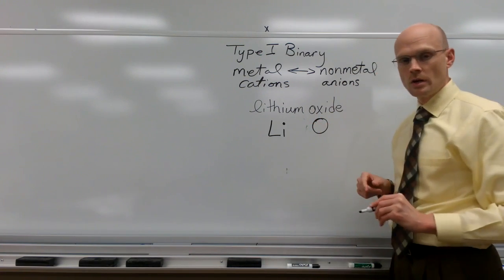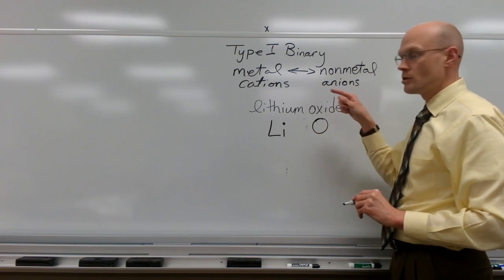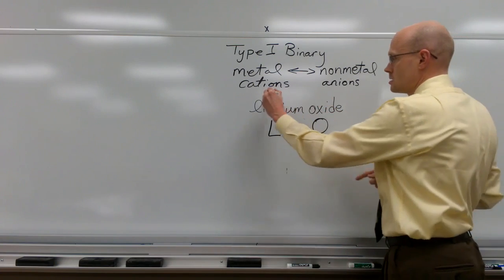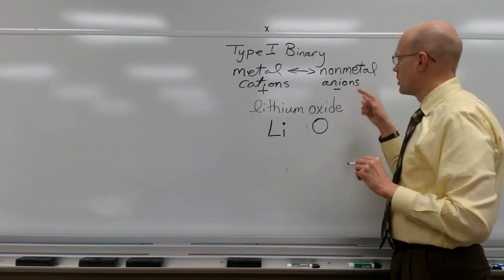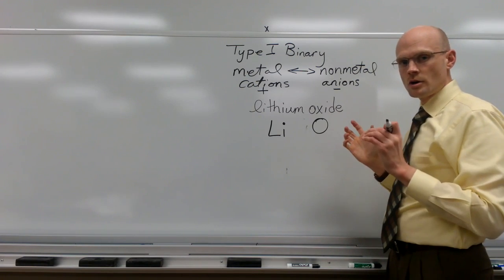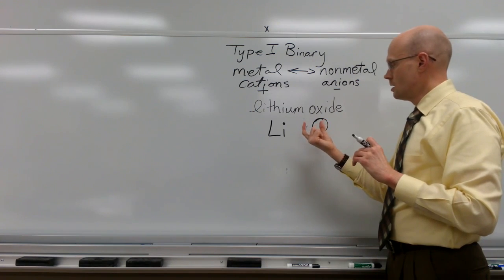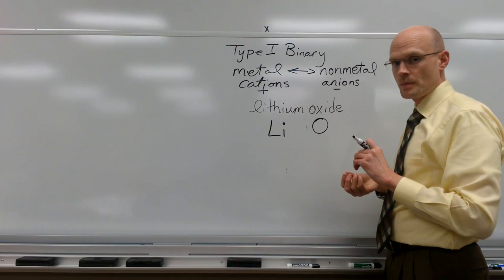So there are two elements involved, Li and O, but now these are ions that are coming together. And when ions, the positive cation and the negative anion, come together, their charges must balance out so that the compound has a net charge of 0.